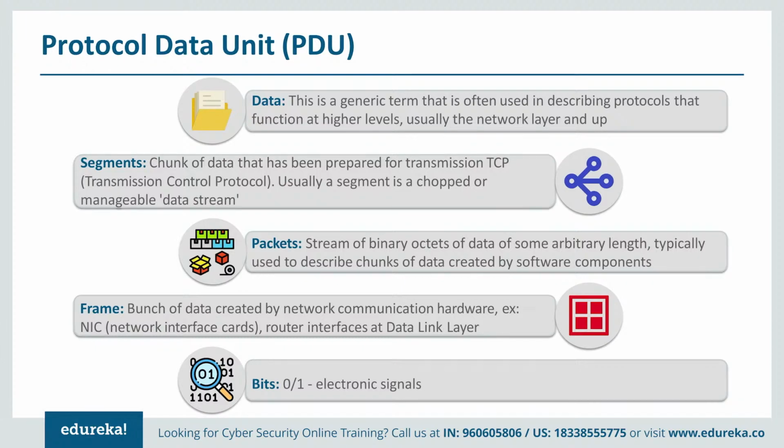A segment is a chunk of data from the session layer. The data received from the session layer will be in chunks, broken down into data streams, and usually a segment is a manageable data stream. And data is the generic, normal term we often use to describe protocols or information, usually from the network layer and up. Any information above the network layer is called data.